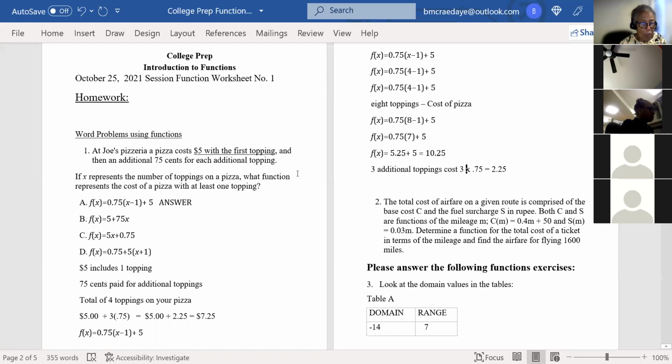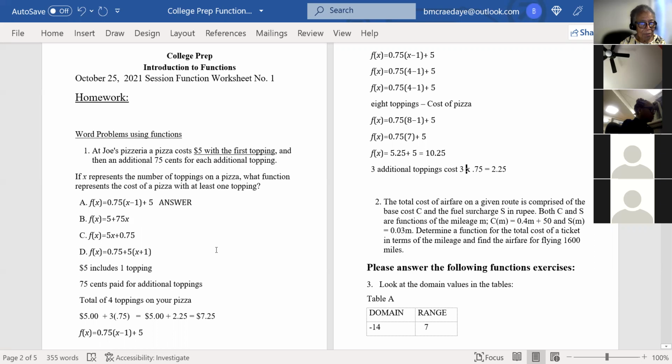If you're plugging it into the function, you say 3 additional, that means you got 1 topping and 3 additional, which is 4. When you put the 4 in here minus 1, you get that 3 that you multiplied. That's because your total number of toppings, X, was 4: the 3 additional plus the 1 that comes with it.